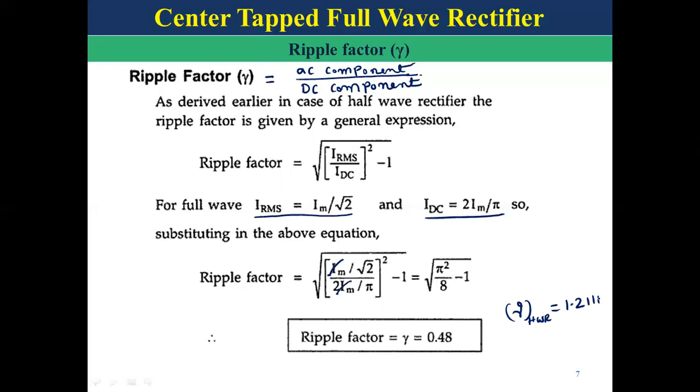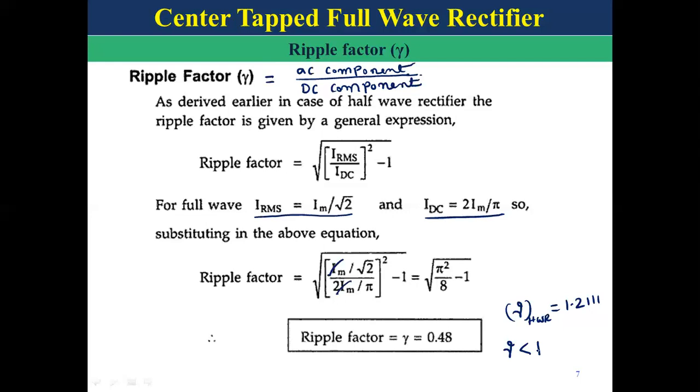So for the half wave rectifier, the gamma value is greater than 1, whereas for the center tapped full wave rectifier, the gamma value is less than 1. If gamma value is less than 1, it means there is very little AC component present in the output of the center tapped full wave rectifier. As the efficiency of the center tapped full wave rectifier is more, more DC is present in the output, and hence the AC component is less.